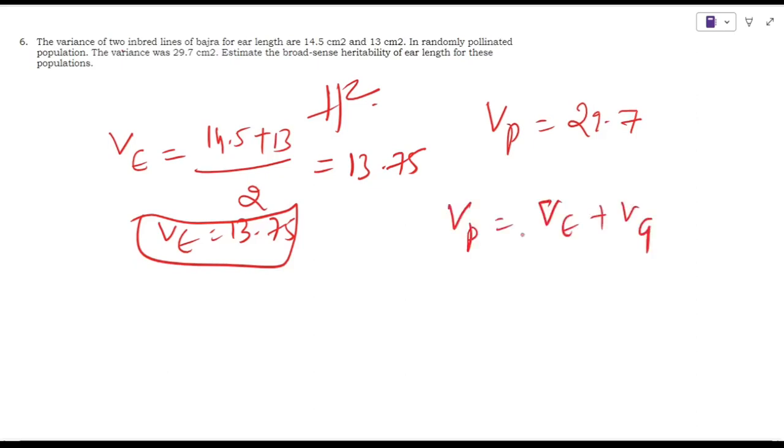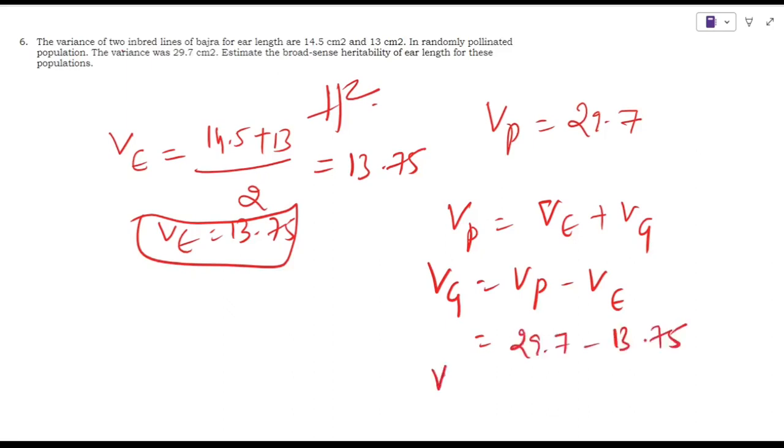So VG is equal to VP minus VE, that is 29.7 minus 13.75. The VG value you will get is 15.95.